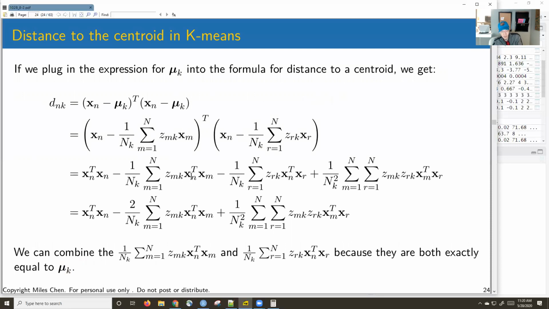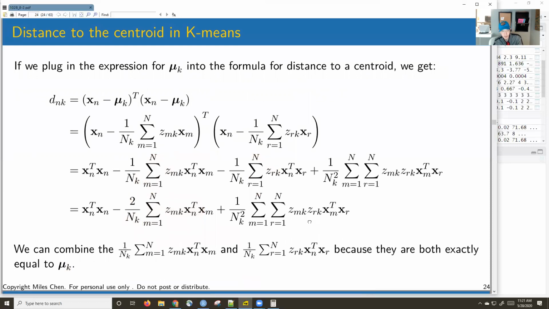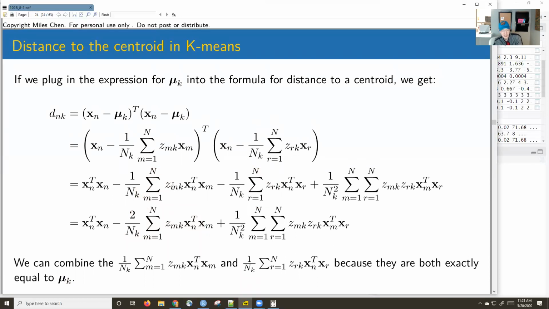Even though these have different subscripts, sub m and this is sub r, they're both equal to mu sub k times xn, okay? Because of that, I can combine them, and I'm going to just leave this term as is. So what I've done is I've expanded the distance here into this.